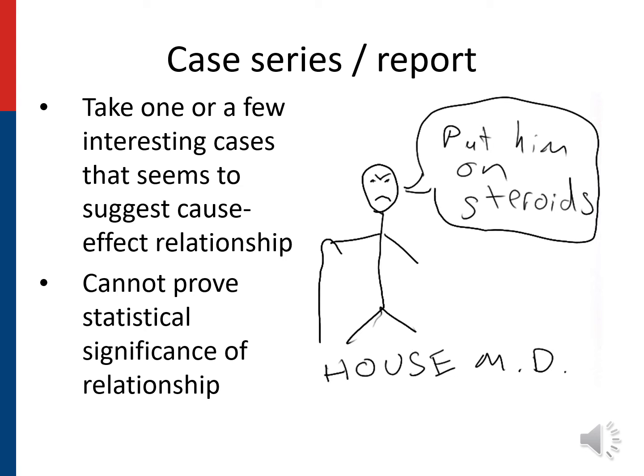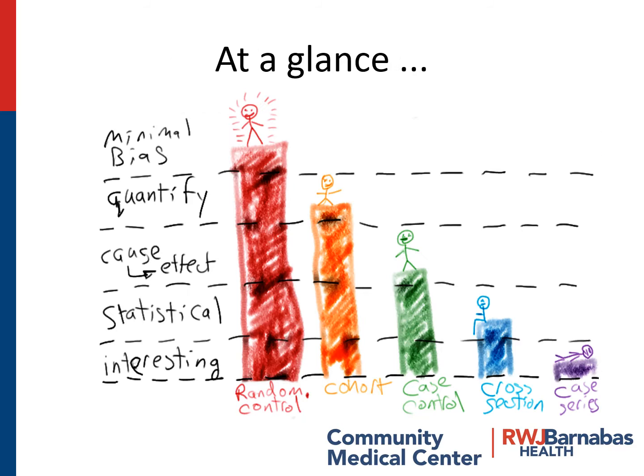Of course, one of the famous case series was the one that in 1981 found Kaposi sarcoma in young, otherwise healthy gay men in San Francisco, which ultimately led to the discovery of HIV and AIDS. So just because it's a case series doesn't mean it can't be science.